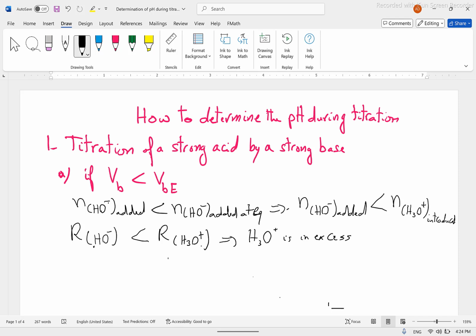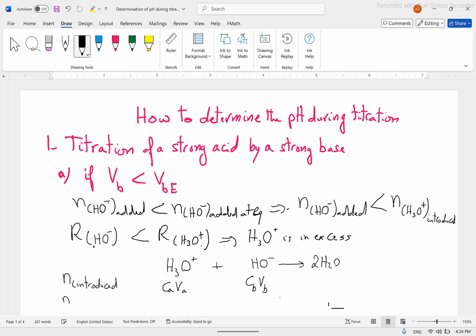First, we write the equation of titration. H3O+ plus HO- give 2H2O. Number of moles introduced: the number of moles of H3O+ is equal to Ca times Va, and the number of moles of HO- equals Cb times Vb.